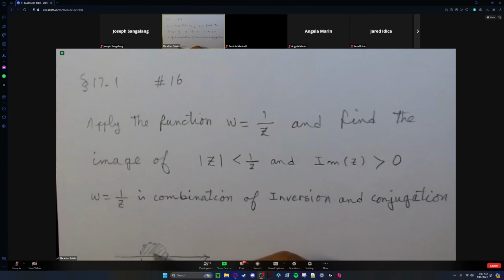The inversion of radius 1/2 goes to a circle of radius 2. Okay? So here's the inversion.